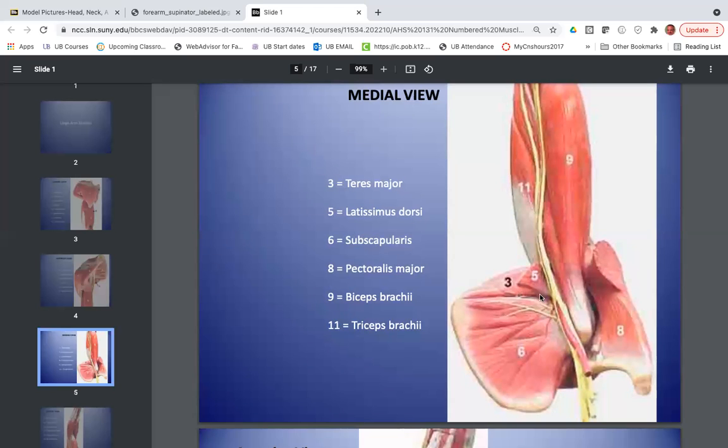And that's why you see a close overlap to each other. They're going to insert on the bicipital groove of the humerus.